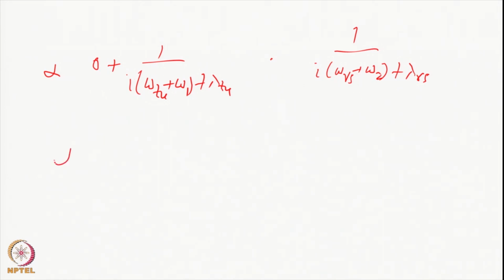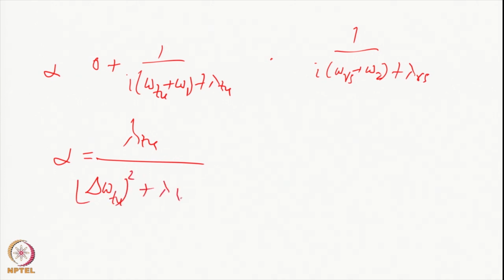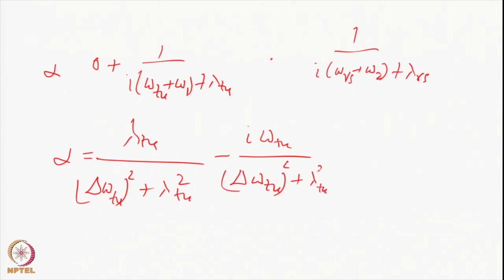So, you can write this as proportional to lambda Tu, multiplying bottom and top by the complex conjugate, lambda Tu minus i omega Tu plus omega 1, you get lambda Tu minus i delta omega Tu divided by delta omega Tu square plus lambda Tu square.